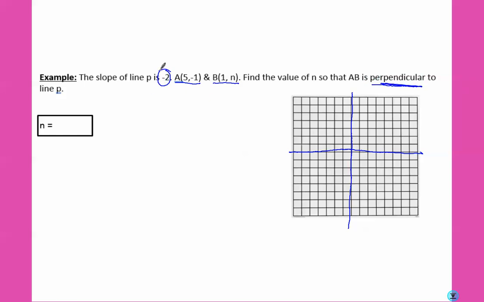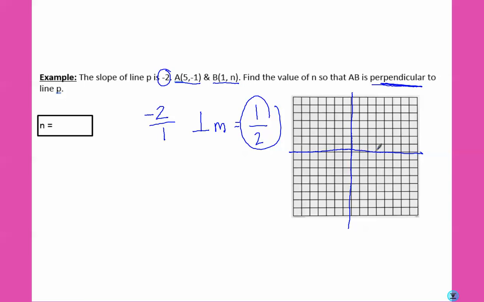So let's start by making our slope. Our slope currently is -2 over 1. Our perpendicular slope, we need to flip the fraction over. And because this one was negative, our perpendicular slope will be positive. So that's the slope we're going to use. I'm going to start by plotting A because it gave me both coordinates.